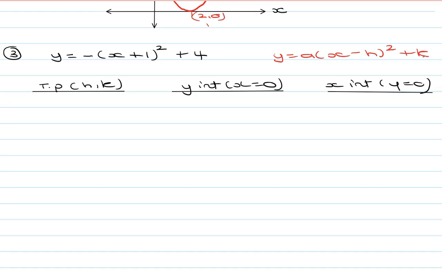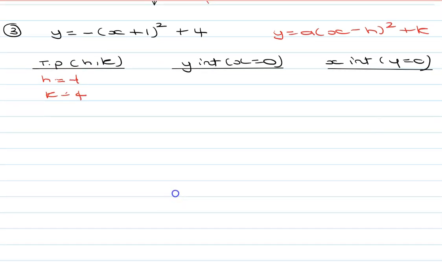Let's also have a look at the value of h. Well, h is negative 1. And k is positive 4. Therefore, the turning point is at negative 1, 4. Let's look at the y-intercept.